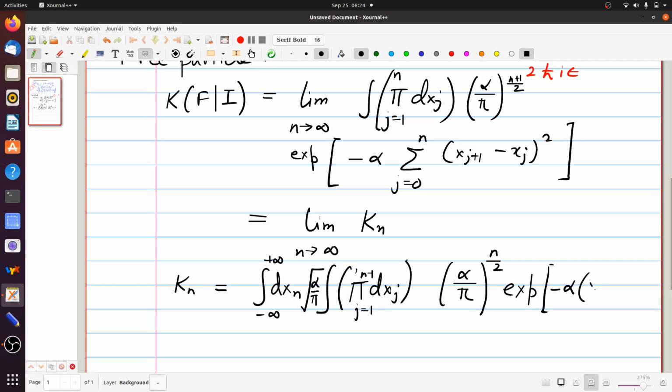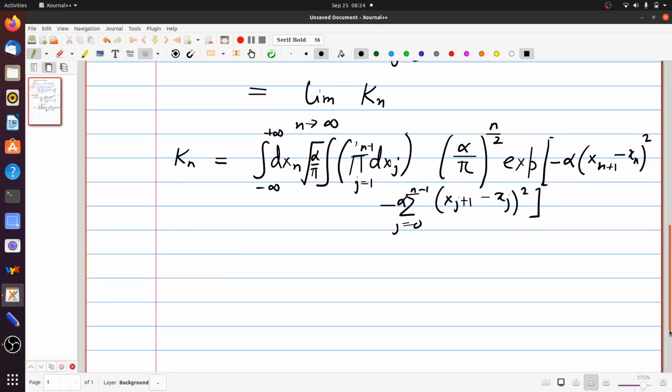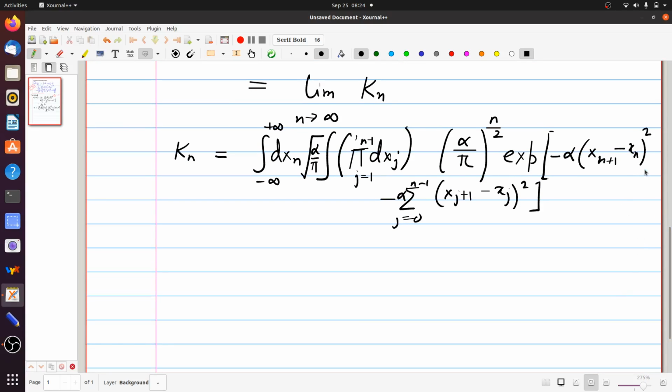So all you can do is write the nth term separately, x_{n+1} minus x_n whole square, and then write the rest, j equals 0 to n minus 1, x_{j+1} minus x_j whole square. So all we have done is separate out all the terms which involve n explicitly, and this will simply lead to this simple result which we are going to exploit: dx_n root over alpha by pi, e to the minus alpha x_{n+1} minus x_n whole square.